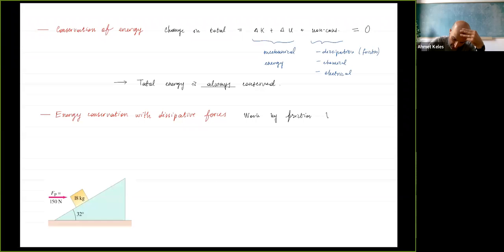Let me call it W friction, which is equal to, and we know friction and the displacement will always be opposite, right? I will put a minus sign and force friction dot dl, and this is in general something like minus a constant times some delta L, the total displacement.